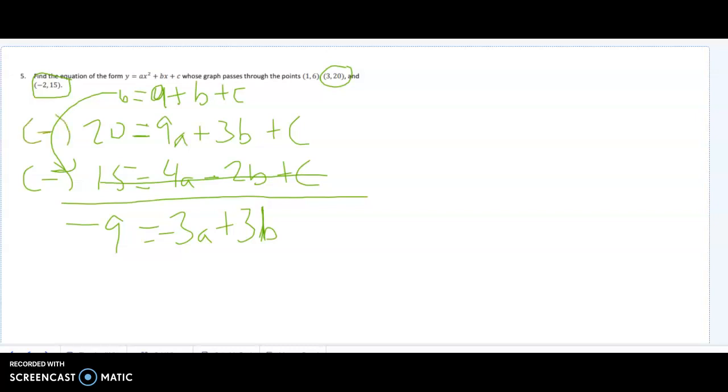So that'll be negative 14 equals a minus 9a, which will be negative 8a, b minus 3b will be a negative 2b, and then the c's cancel. Now let's get rid of that equation.